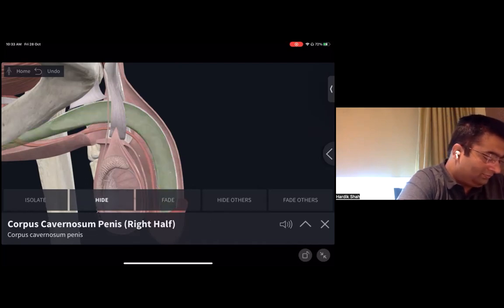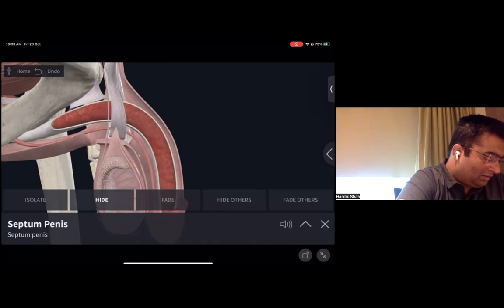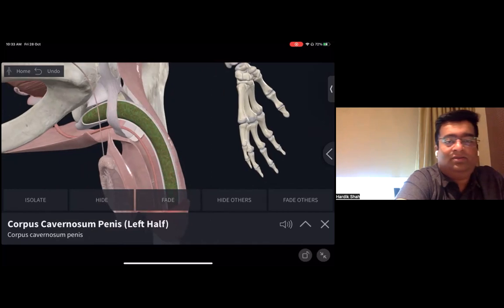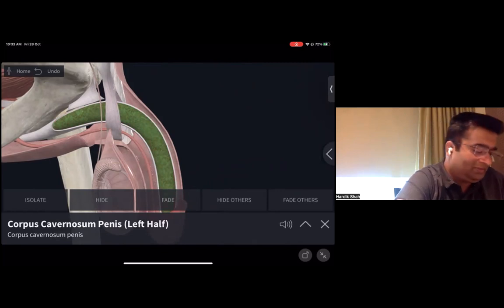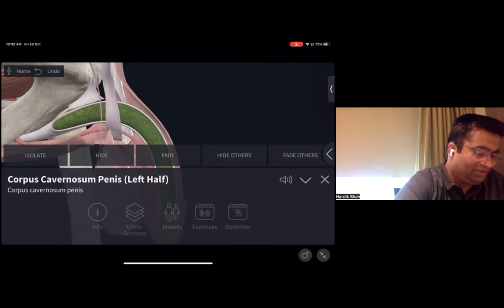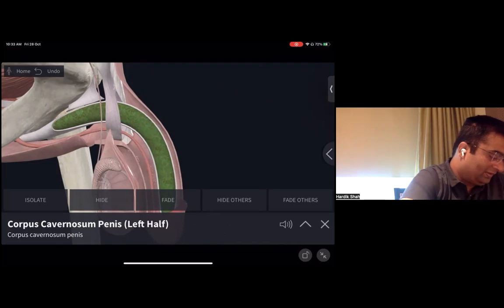And so this is corpus cavernosum of the other side. And there's another tissue that is called corpus spongiosum that is not seen here on this slide. So these muscles have a lot of spaces within, which are vascular spaces. Vascular spaces means they are blood-filled spaces, or you can also commonly call them sinusoids.